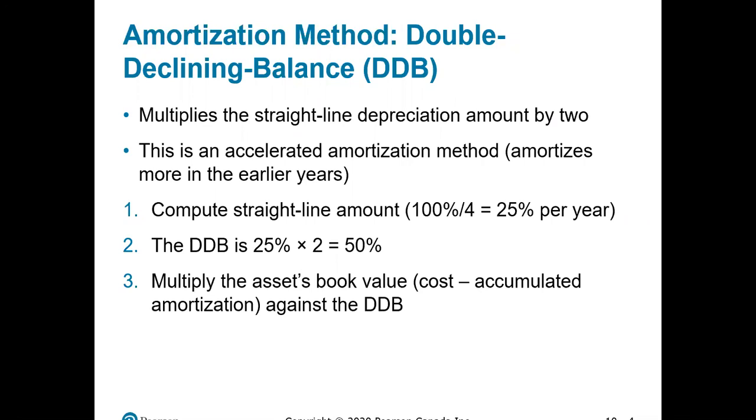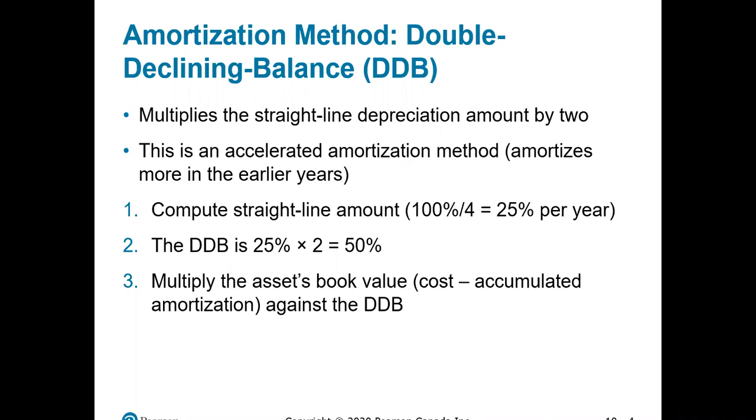multiply it by 2. Now, if you have a good memory, you'll recall that for the straight line amortization method, we calculated that amortization rate to be 25%. So for the double declining balance method, we're going to use 50%. Okay, take a look back at the amortization schedule for straight line, and you'll see that we use 25%.